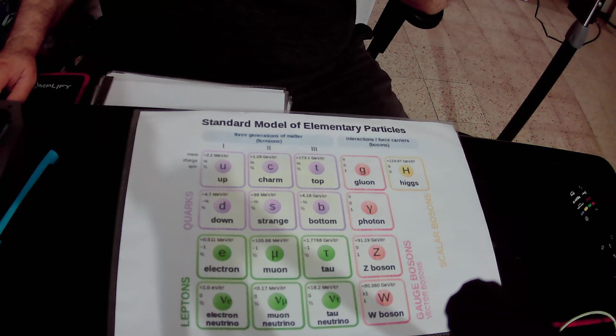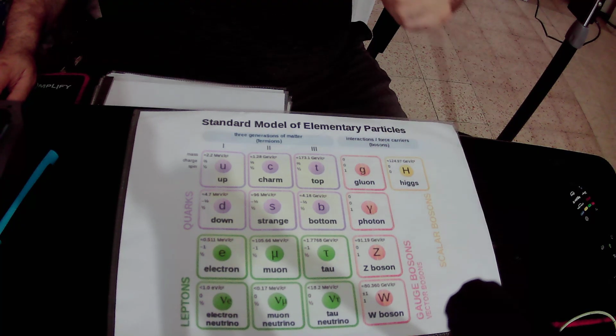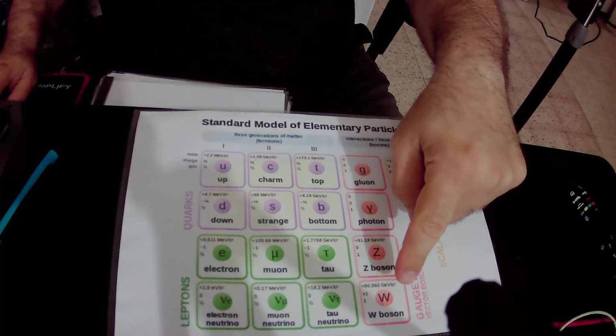The photon carries the electromagnetic force that explains how charged particles interact with each other. And then we have boson Z and boson W that carry the weak nuclear force that is responsible for the radioactive decay of atoms. And we actually have two types of boson W.